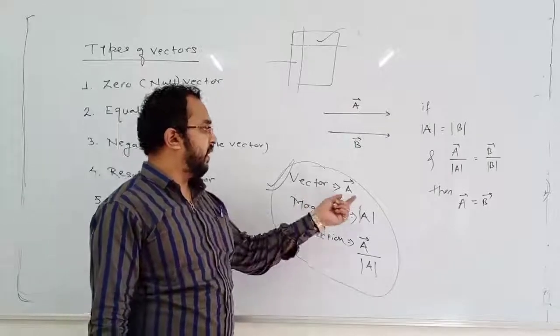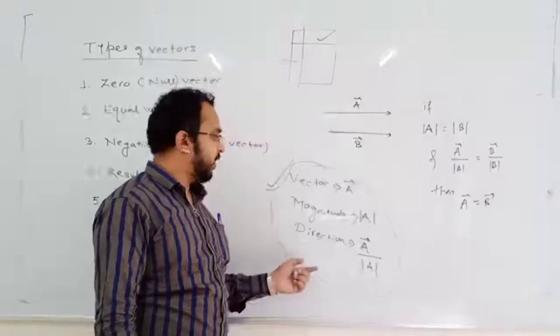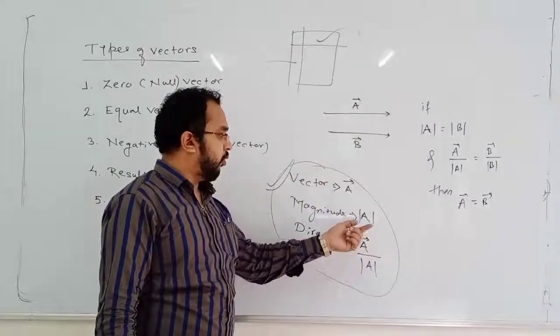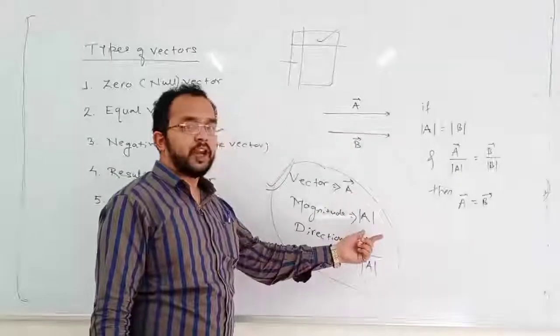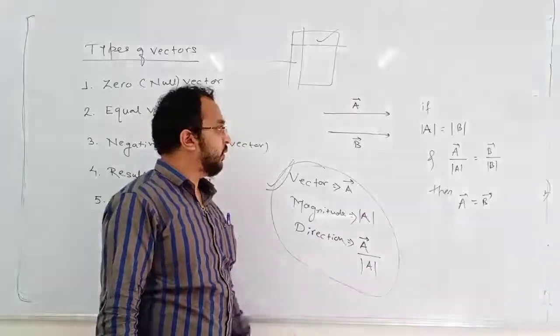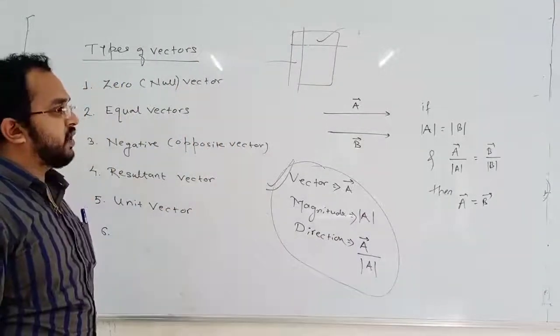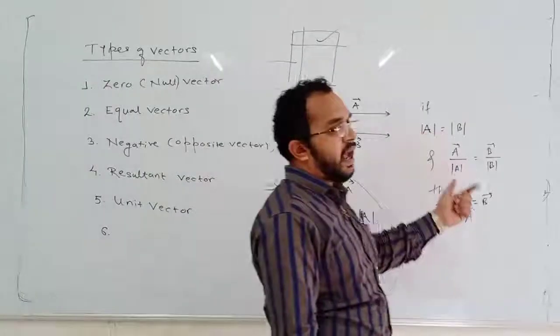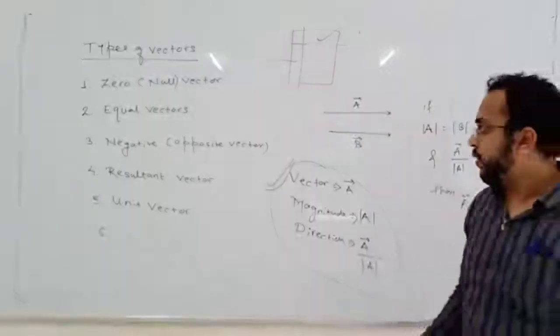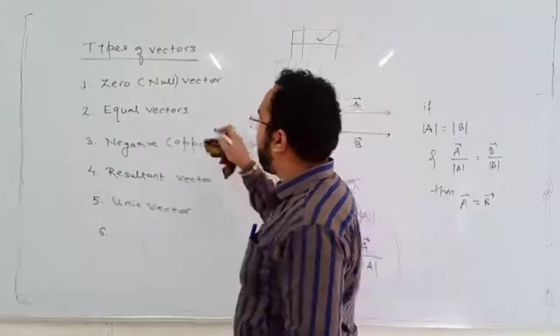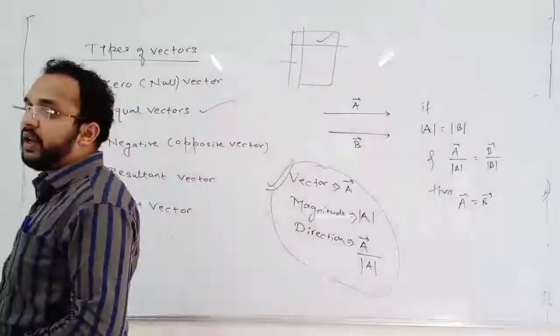So vector can be represented by A with an arrow, magnitude mod of A. So direction will be vector upon mod, that is magnitude and direction upon magnitude. Magnitude cancels, only the direction remains. So equal vectors are the vectors which have same magnitude and same direction. Write the definition of equal vectors.